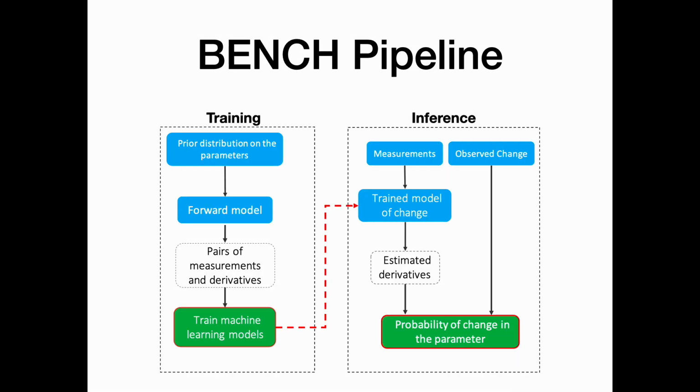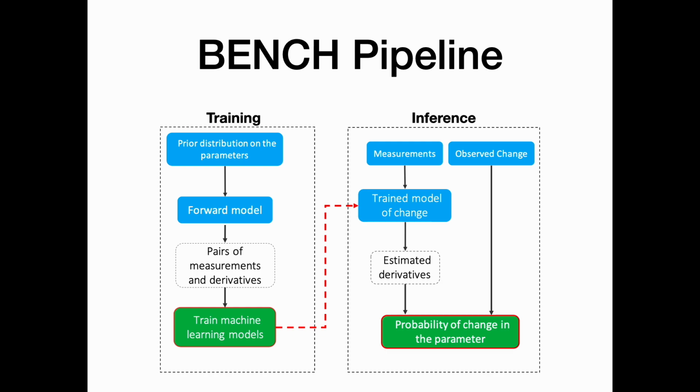Briefly, this schematic shows the full Bench pipeline. There are two phases. In the training phase, we generate many pairs of measurements and the derivatives by sampling the parameters from a prior distribution and passing them through the forward model. We then use these samples to train machine learning models that can estimate the derivatives with respect to each parameter given the measurements.